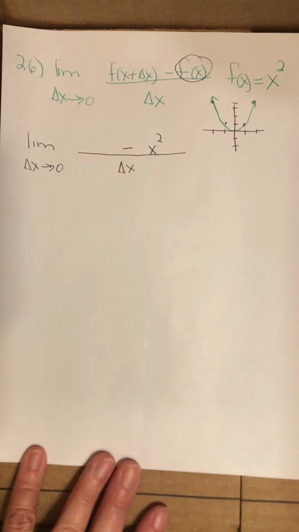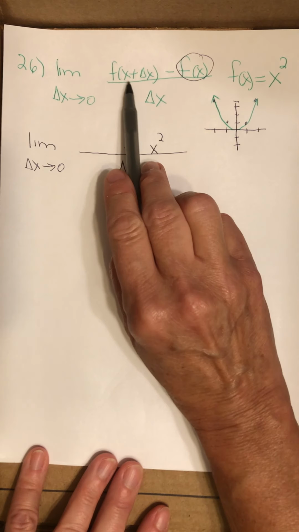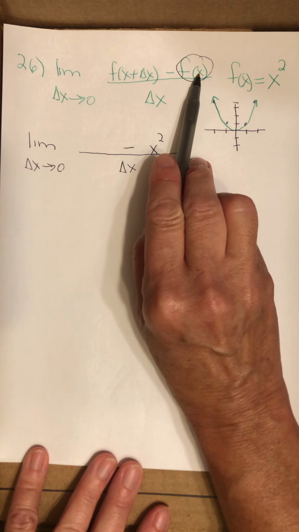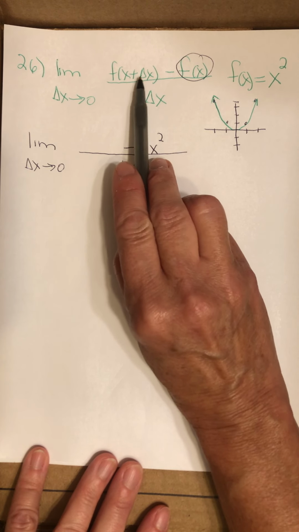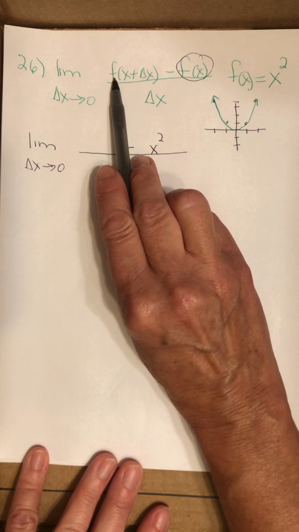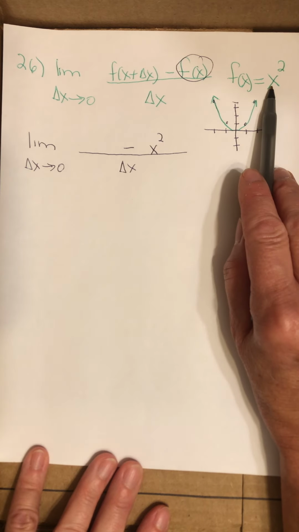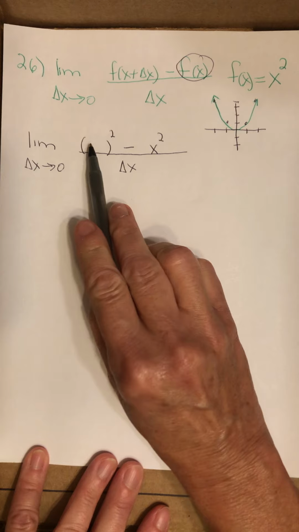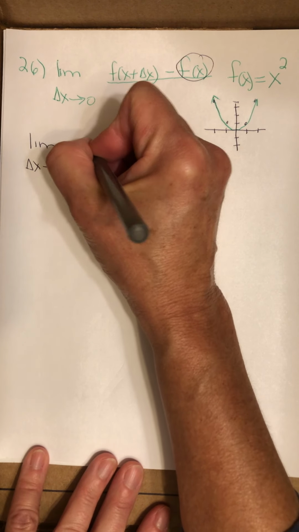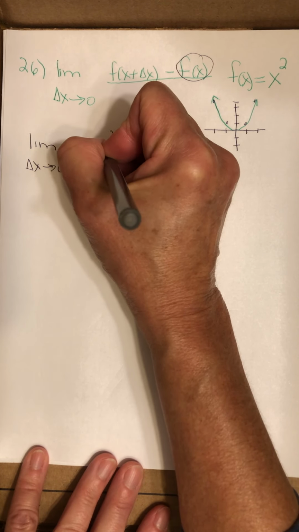They gave it to me, it's x squared. On the left of the numerator, notice wherever I see an x, I'm going to substitute in x plus delta x into the function. So, here we go. My function is x squared. This means instead of having an x in here, I have to substitute x plus delta x.